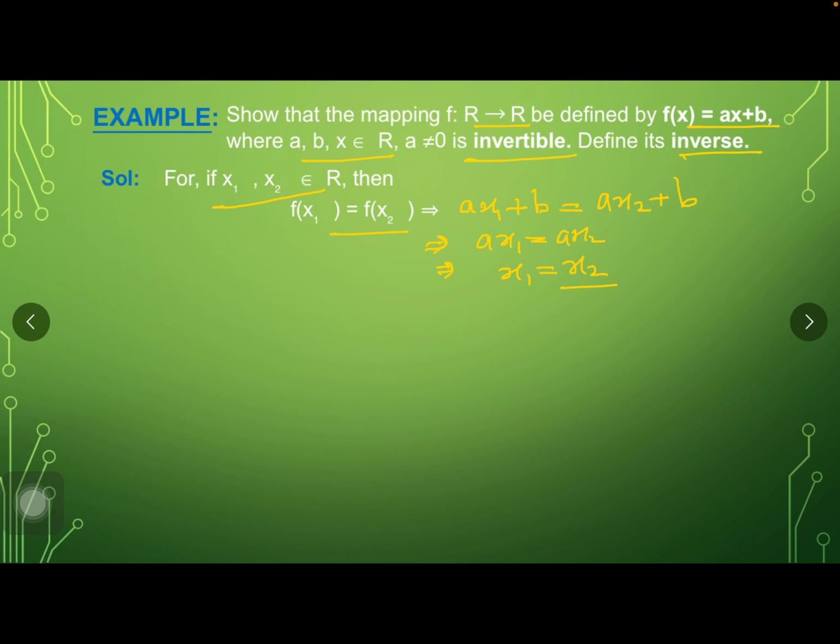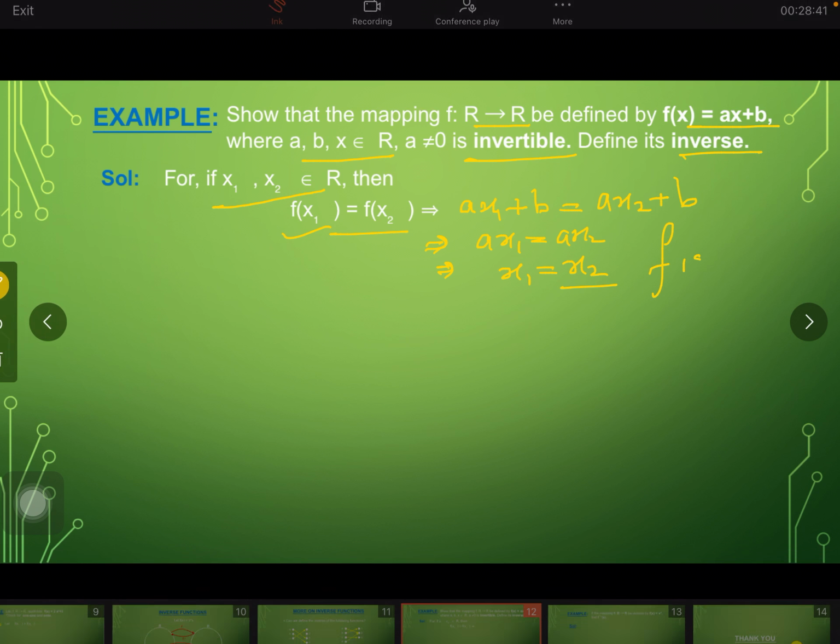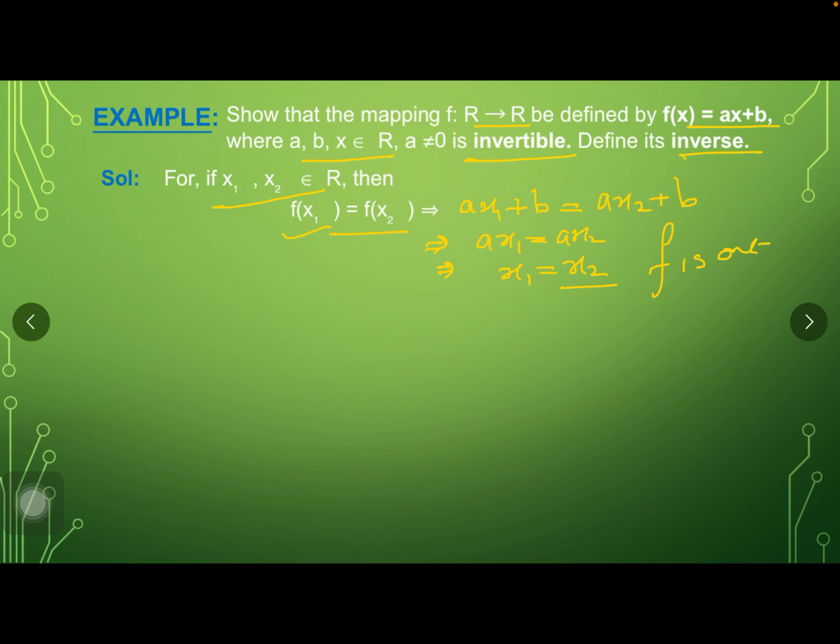Now b cancels, so it becomes ax1 equal to ax2. After that a is removed, so this is x1 equal to x2. So we take f(x1) equal to f(x2) and we show that x1 equals x2.